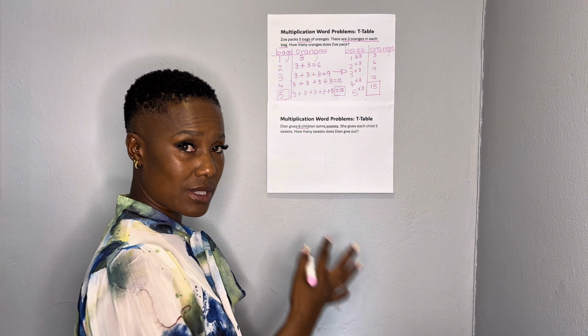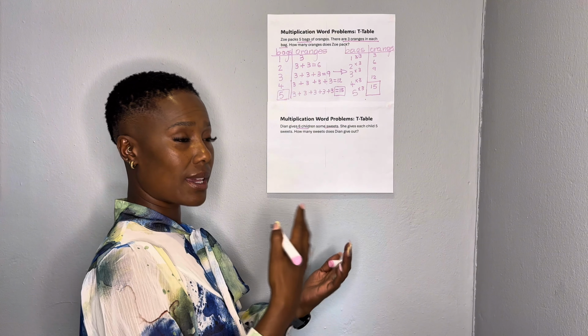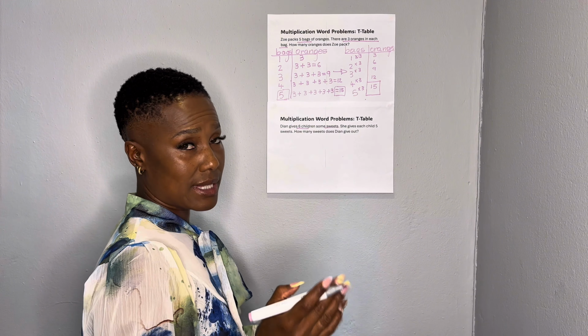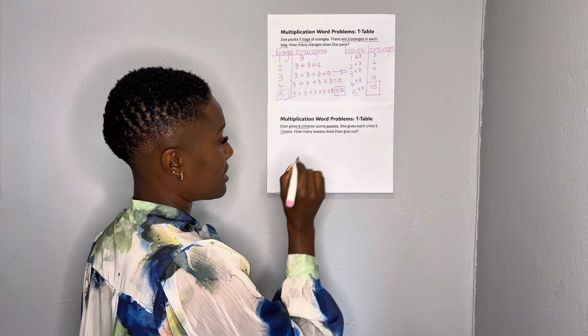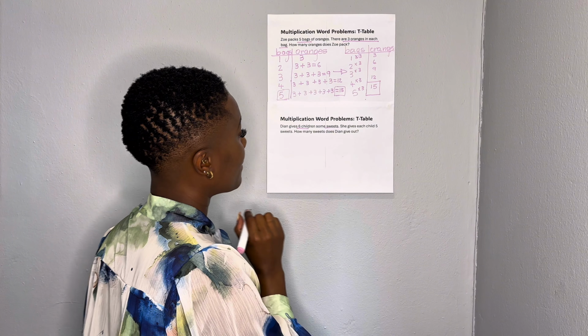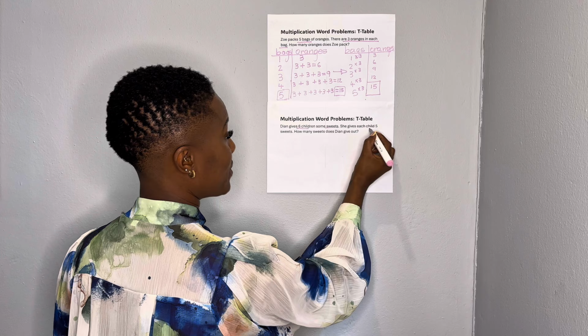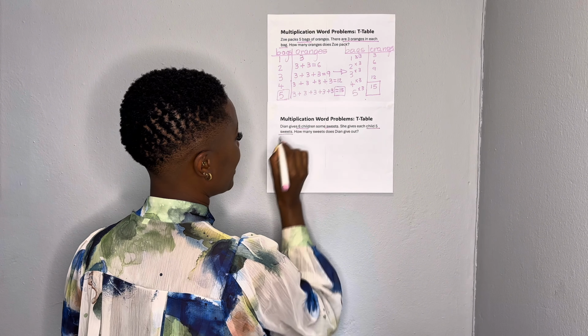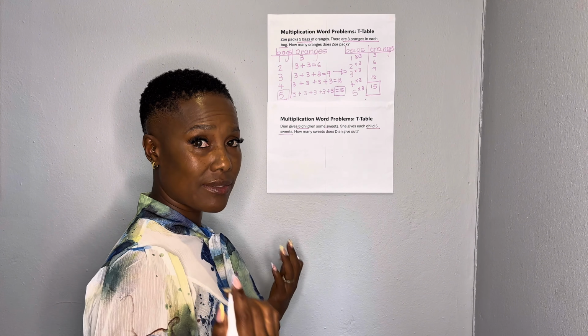So you read the word sum, we read it together as a class, we analyze it together before we lay it out. We highlight important facts. Diana gives 6 children some sweets. She gives each child 5 sweets. Each child gets 5 sweets. And how many sweets does Diana give out?